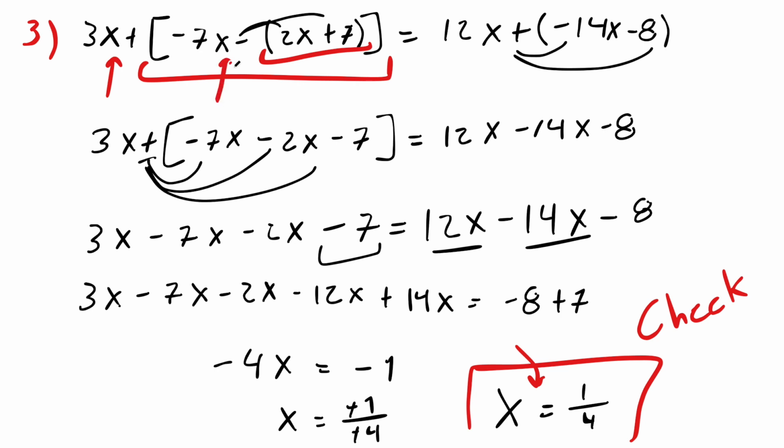Negative 7 times x would be negative 7 times 1 over 4. And what happens? Well, the following happens. The number you get on the first side of the equivalence has to be equal to the number you get on the other side of the equivalence. If it isn't the case, then you know that the value is wrong, or you did it on the calculator wrong. That is basically how you check if you got it correct.